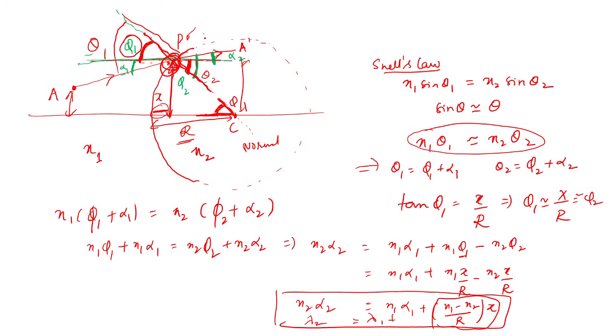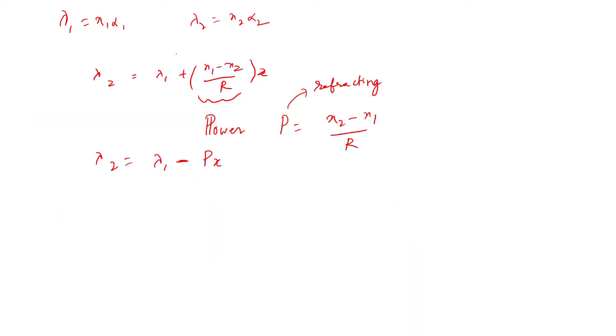So at this point or at this point, if you compare the height with respect to the optical axis, it's almost equal to the height of point P. So that's why we are going to equate x2 equal to x1 here. And then if you look at lambda 2 x2, I can write it in terms of lambda 1 x1.